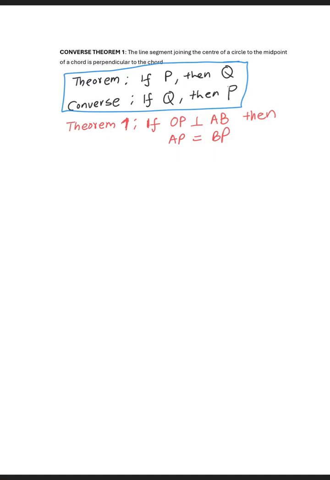So the converse of theorem 1 will be the opposite: if AP is equal to BP, then OP is perpendicular to AB. So this is what the converse will say, and you see, the converse is basically the opposite.